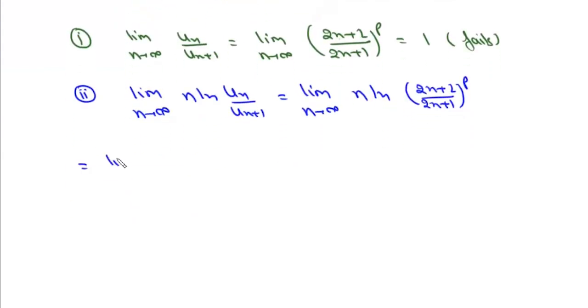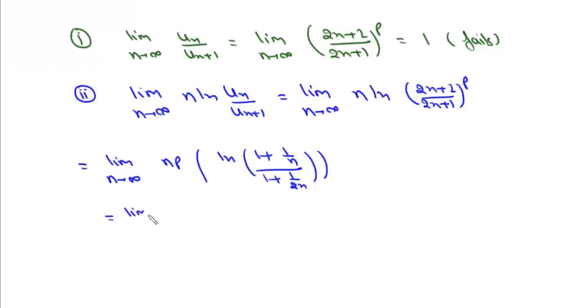Now we can write this as this limit n tends to infinite n into p, and here will be this log 1 plus 1 by n upon 1 plus 1 by 2n. We can also write this as this limit n tends to infinite np, and this is log 1 plus 1 by n minus log 1 plus 1 by 2n.